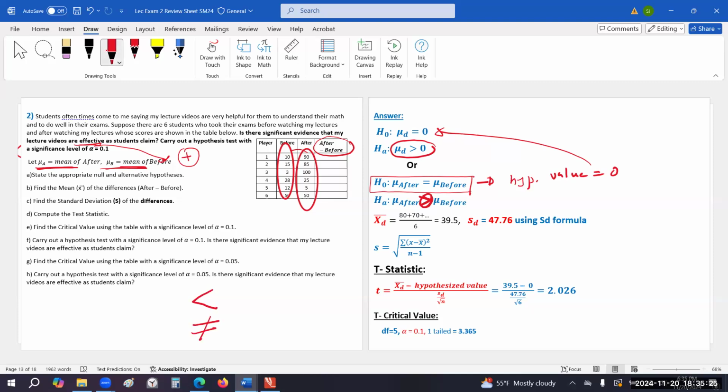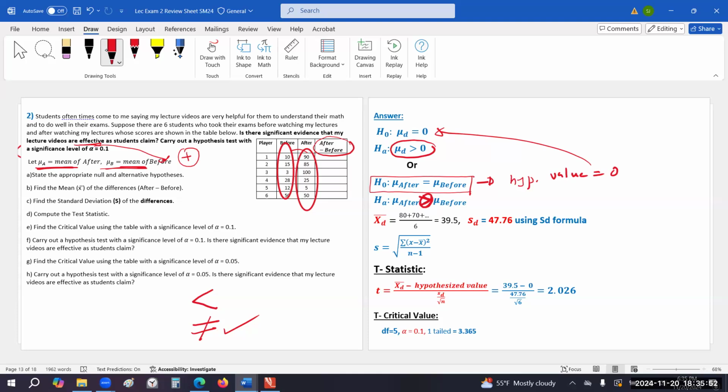So if you're doing increasing, decreasing, those things, it's one-sided. But if you don't see the increasing or decreasing word, or you can't determine which side you're working with, it's two-sided. For example, if they said, does it have any effect on something?